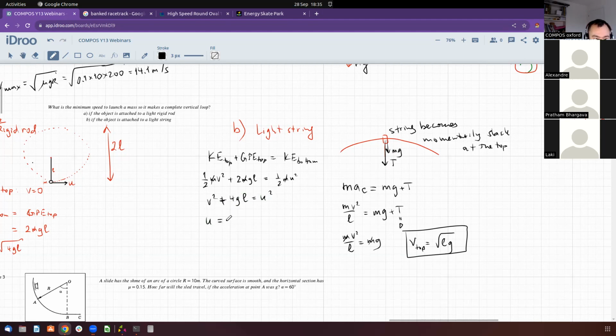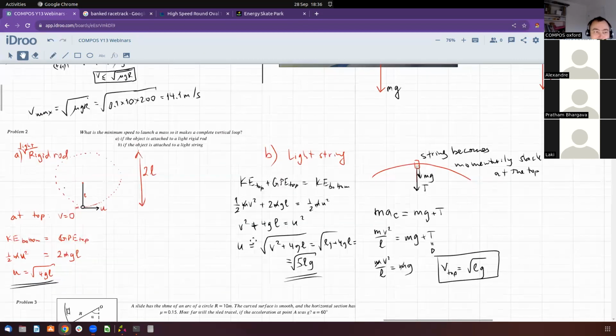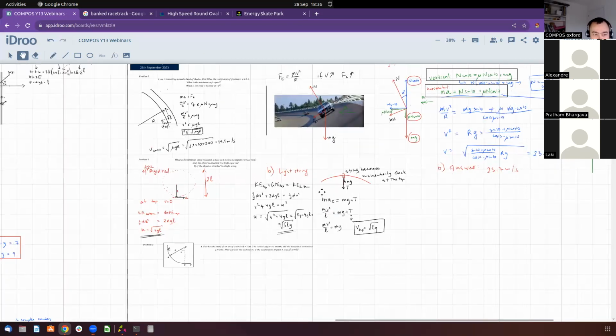So u is equal to the square root of v squared plus 4gL. And v squared is Lg, so it's going to be the square root of Lg plus 4gL, and that's going to be 5Lg, square root of 5Lg. And that's a higher speed than square root of 4Lg. So as Alex, well done, you did say that it's an extra Lg to go over the top. Very good. Perfect.